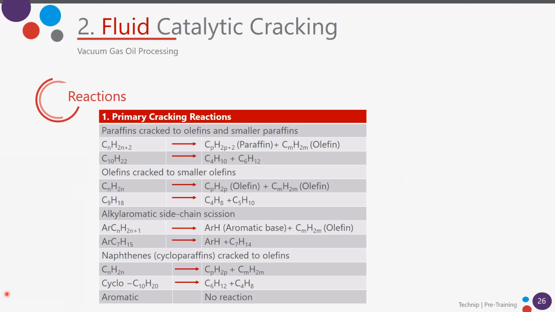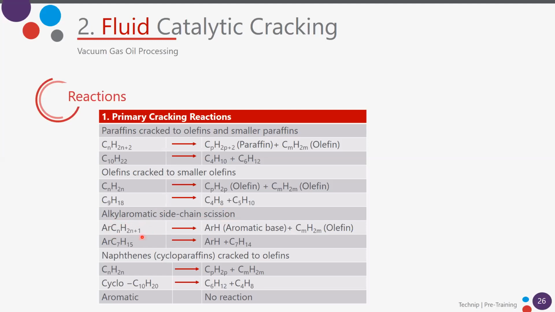So the primary cracking reactions, more or less, are the main reactions that take place in the riser, remember? Where we have the catalyst in contact with the feed. We'll have the paraffins, the alkanes, converted to paraffins plus olefins. We'll have olefins cracked to smaller olefins. We'll have alkyl aromatic side chain scission.